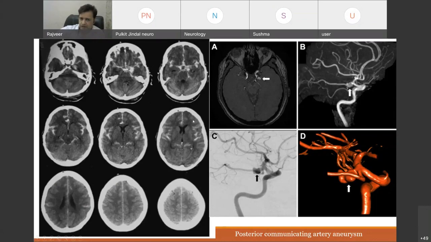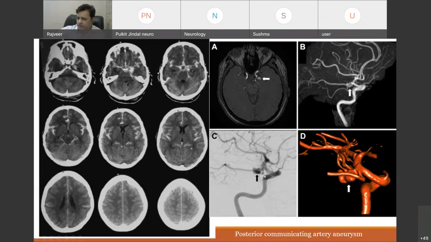So if you find this kind of picture, a patient coming with thunderclap headache with minimal neurological deficit, severe agitated headache, neck rigidity, you should always order an urgent CT angiogram. And in the angiogram, you may find an aneurysm. Like in this slide, this is an MR angiogram showing a PCOM aneurysm.